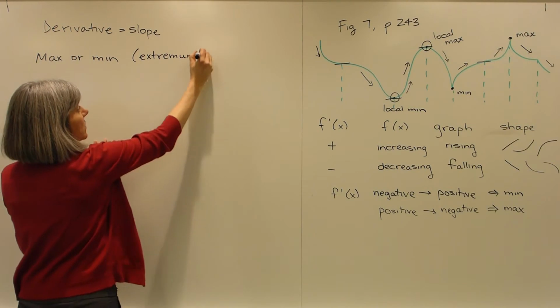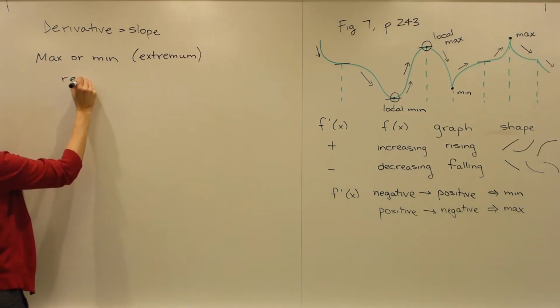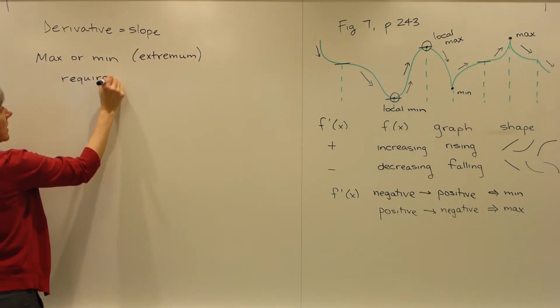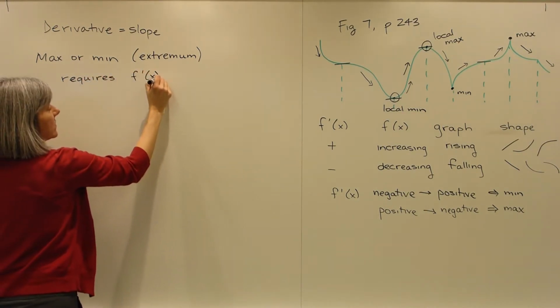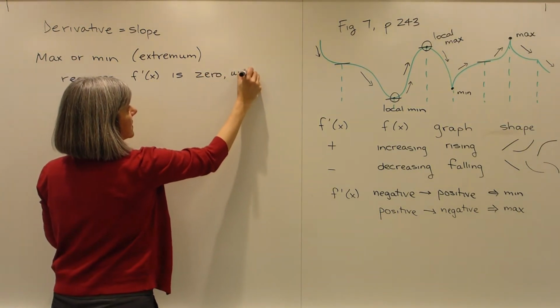Extrema with an A is plural. So a max or a min, some extremum, requires that the derivative is 0 or undefined.